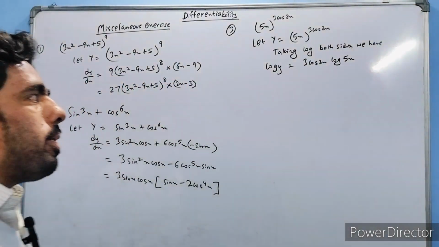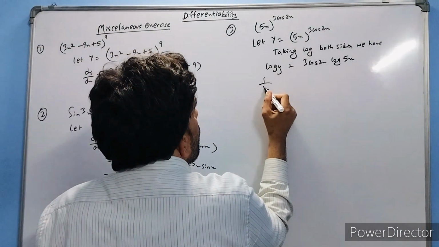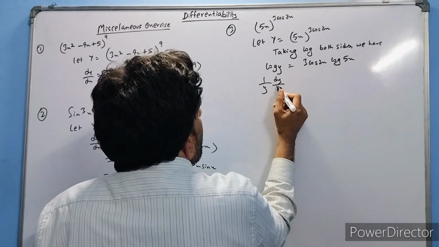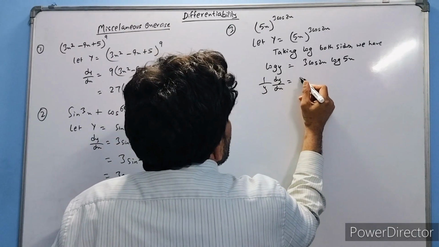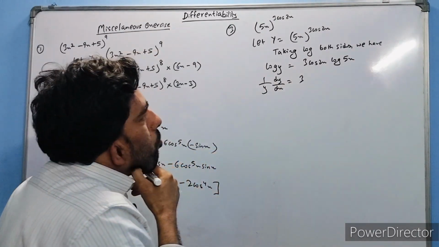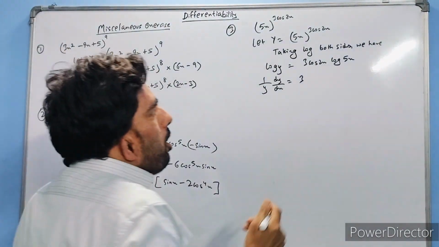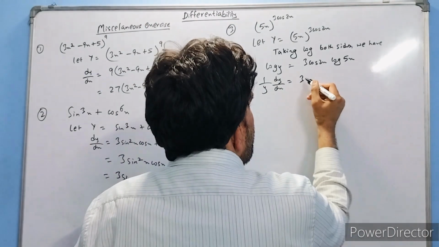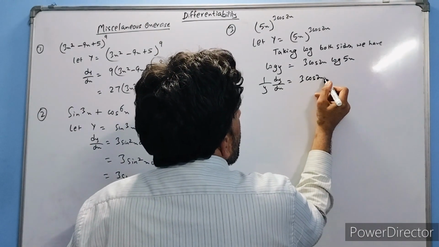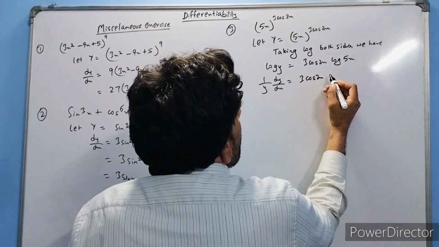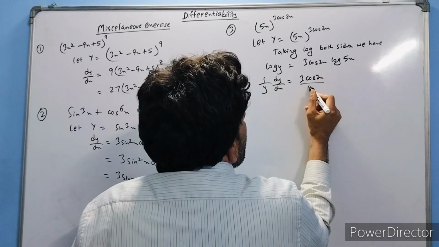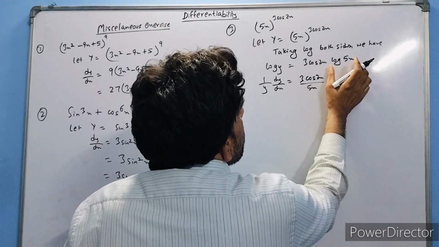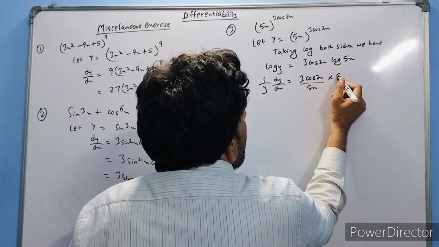Now we'll try to differentiate this. We have 1 upon y dy upon dx is equal to 3 into cos 2x. So the differentiation we will try to solve here by product rule. So we have 3 cos 2x, the differentiation of log 5x will be 1 upon 5x into 5.